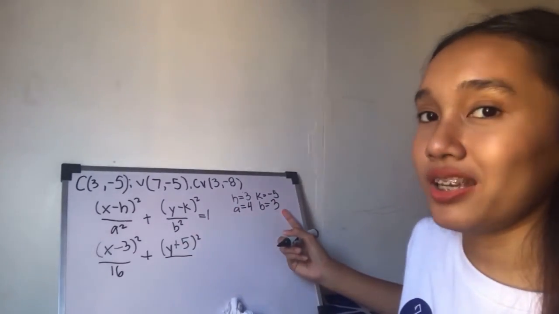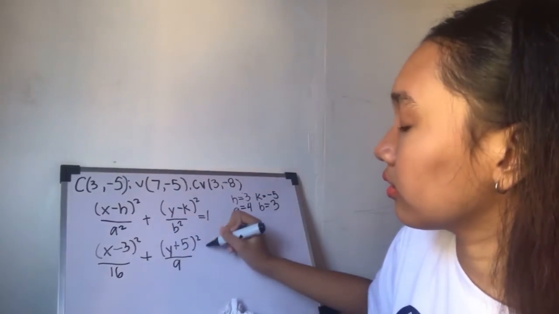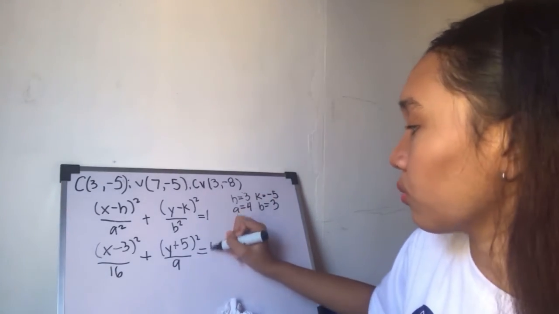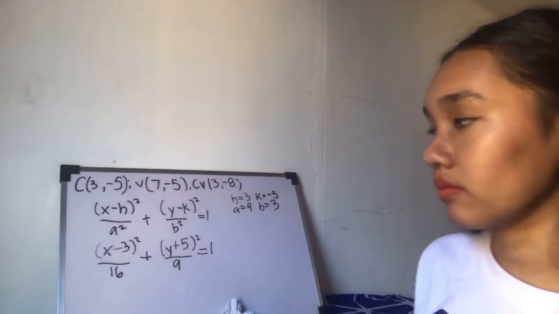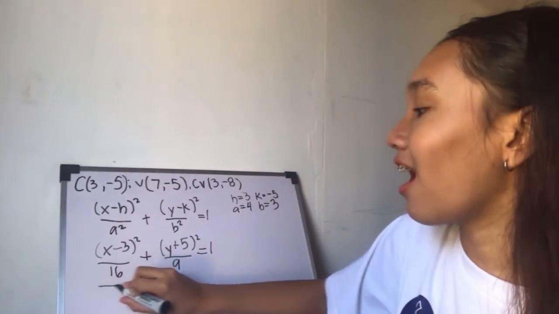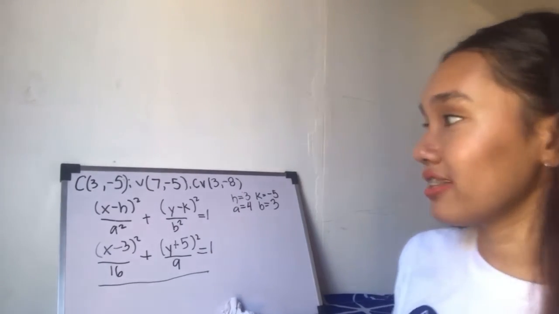The value of b is 3. 3 squared is equal to 9. And do not forget to put equals 1. And that is all. This is our standard equation for this given.